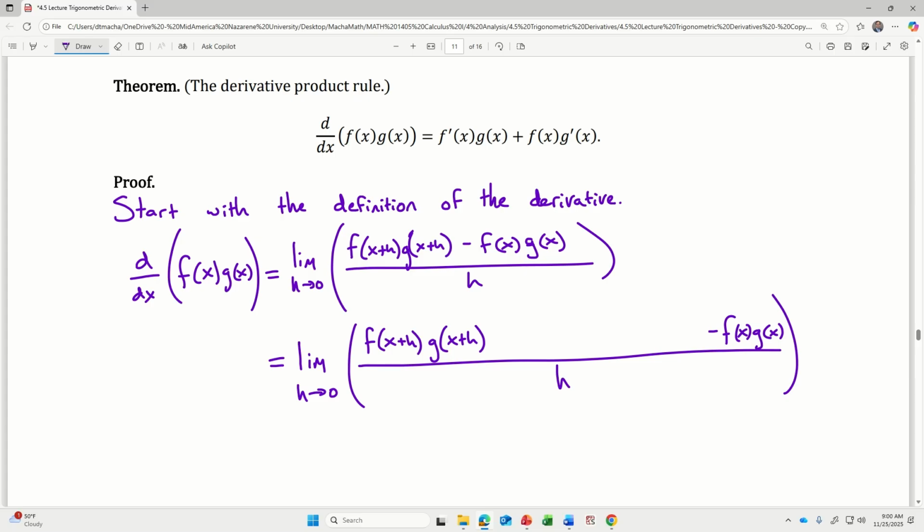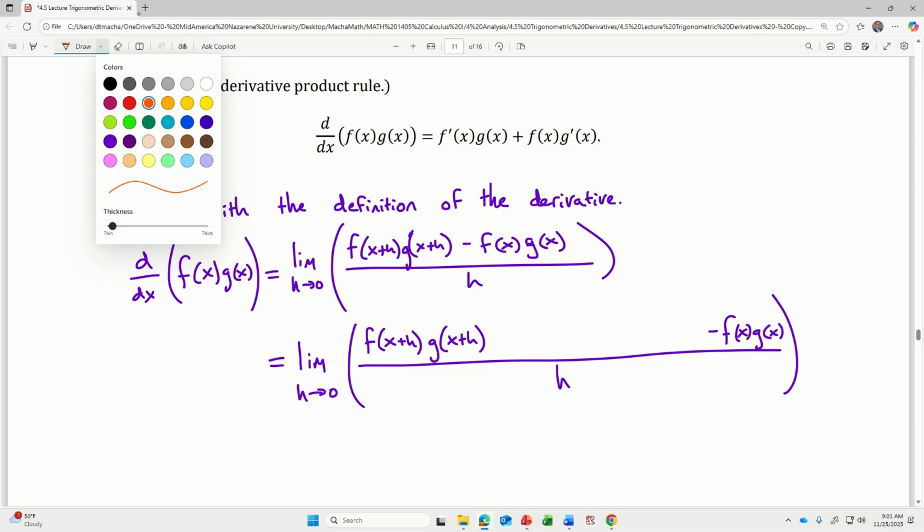When I say I'm going to add and subtract the same thing, I need to think for just a moment about what that's going to look like. Okay, I think I've got it.